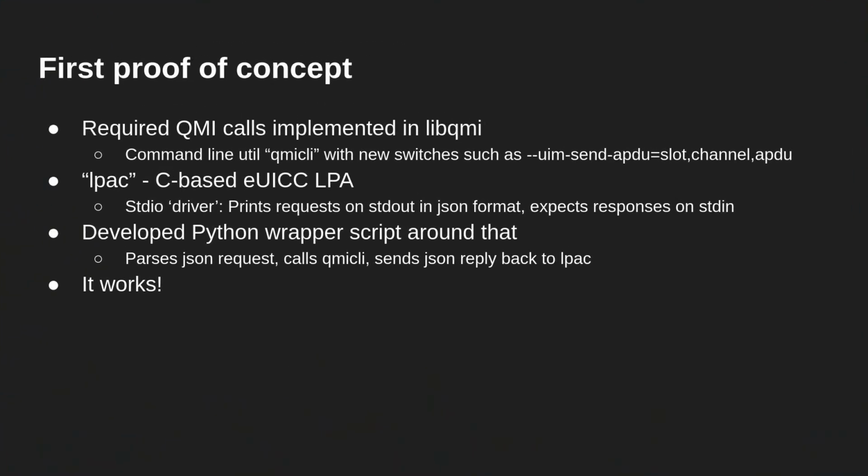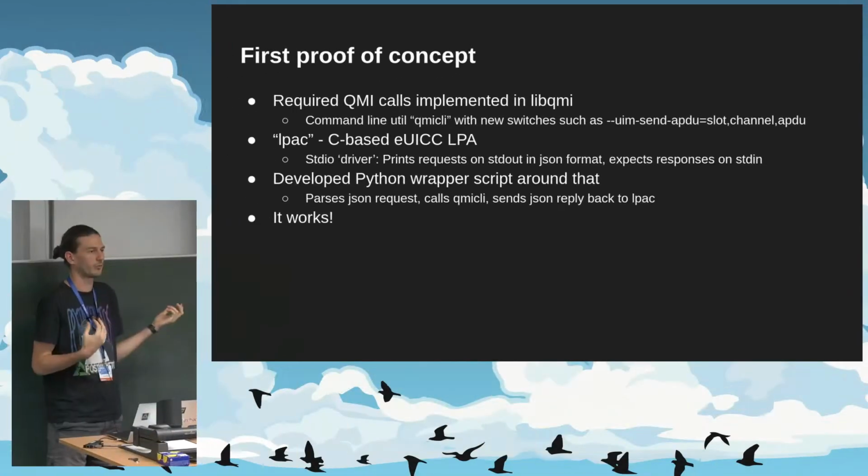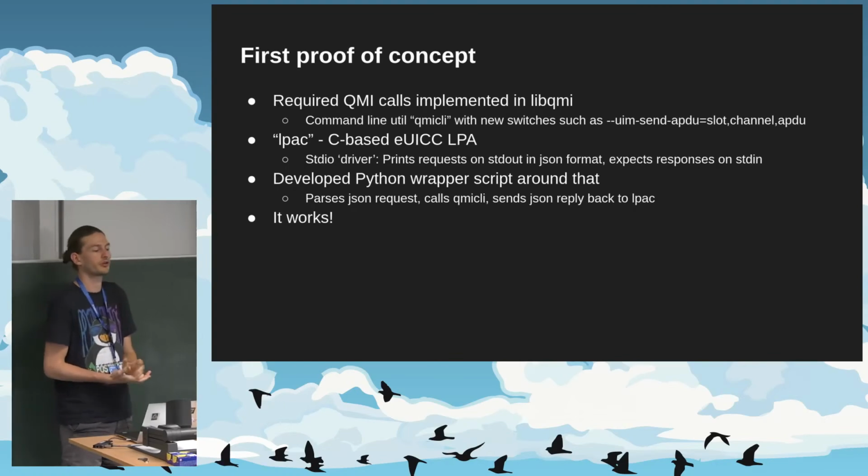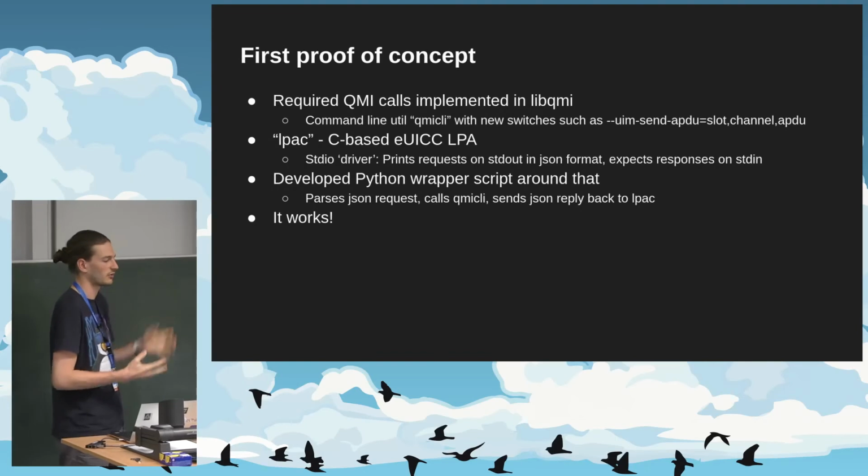Okay, so with these 3 calls implemented in libqmi, it was time to make the first proof of concept to connect LPSC, this open source project, with the Qualcomm modem. With libqmi, they also have a command line tool called QMI CLI, which is basically just a CLI client for sending QMI calls.